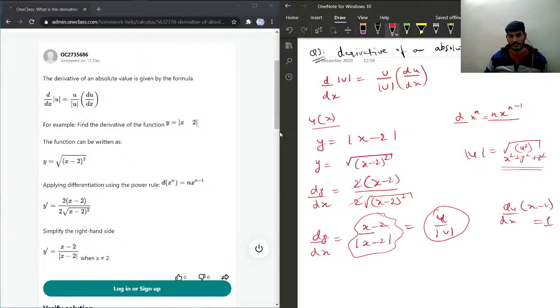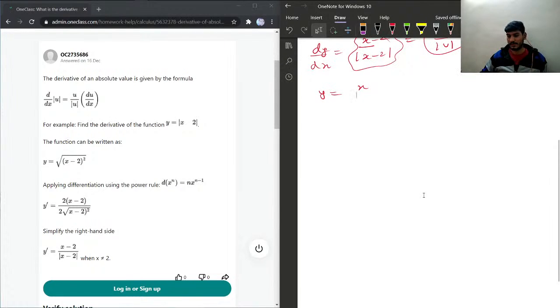So let's just find one more derivative. Let's take the example y equal to x, just x. Now for magnitude of y, this will be magnitude of x.